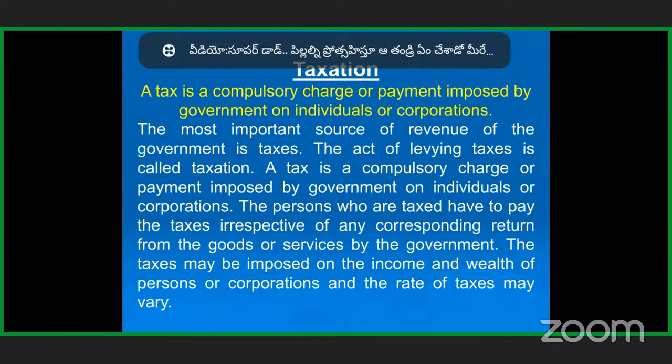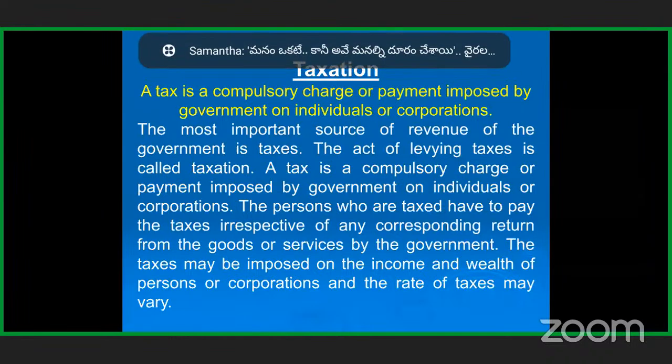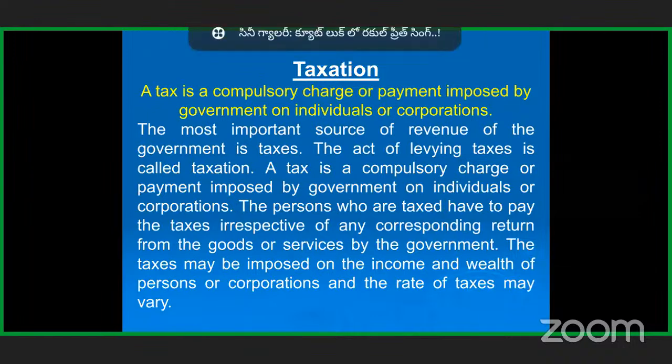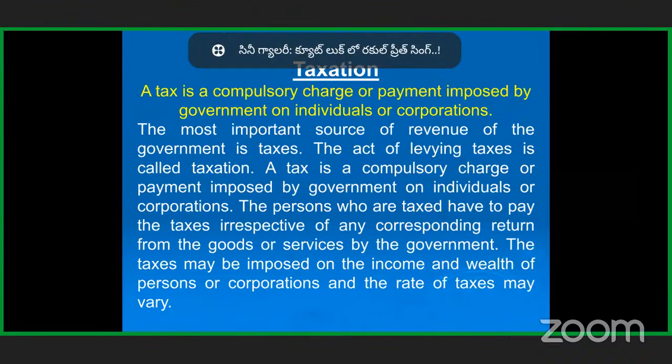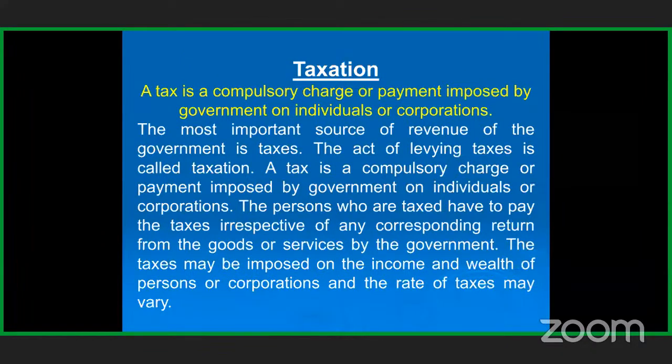So friends, the most important source of income of the government is taxes. The act of levying taxes is called taxation. The government raises revenue by levying taxes on people or corporations.